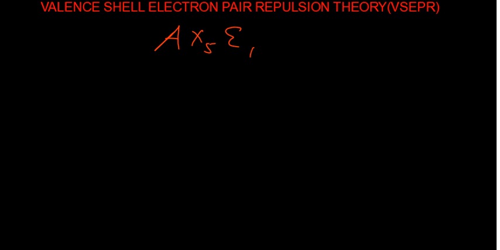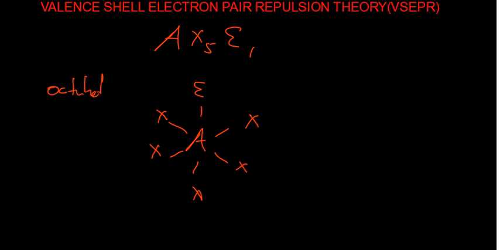So it is still in the form A. This is still X, this is still X. We have X there, X there, X, but this one we've substituted with a lone pair of electrons in that form. Okay, so that is what we have. So the domain geometry for this one is still octahedral. That's domain geometry. But for the molecular geometry, we are removing this portion.